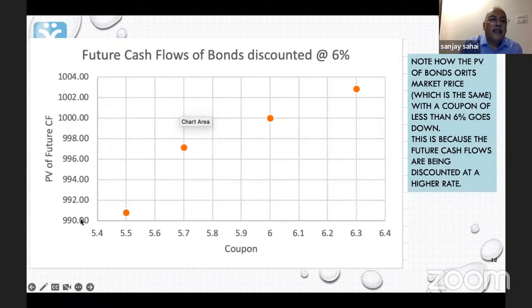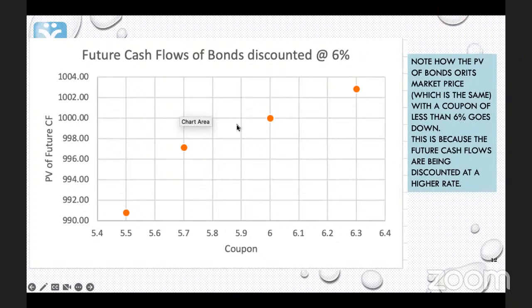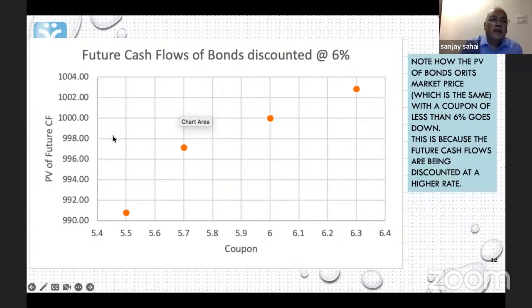As you can see, when I discounted the cash flows by 6%, this is the actual price of the bond, 1,000. When I discounted the 5.5% bond by 6%, I landed up with a price between 990 and 992. Okay, it is below 1,000. 5.7, I ended up with something like 997.